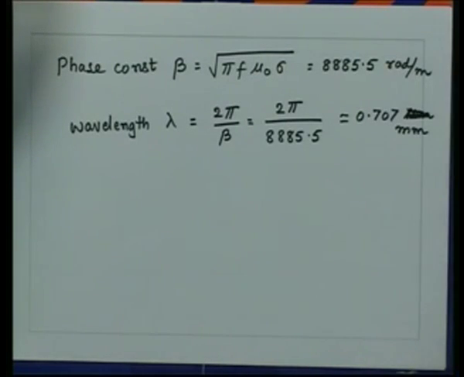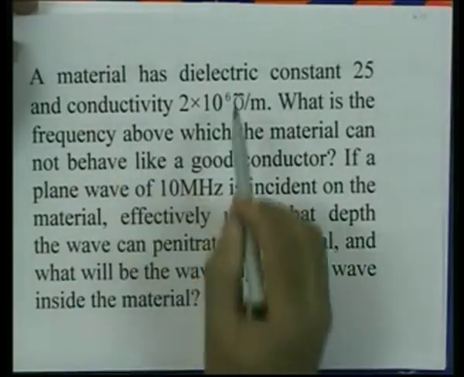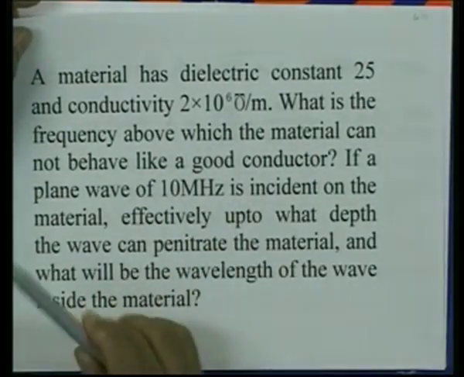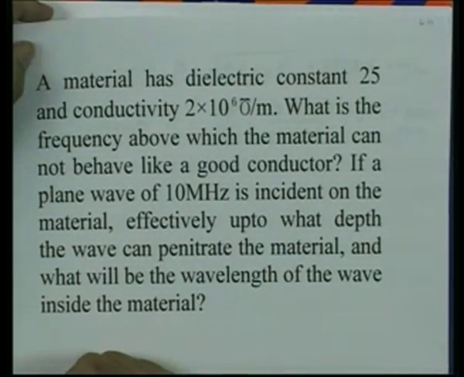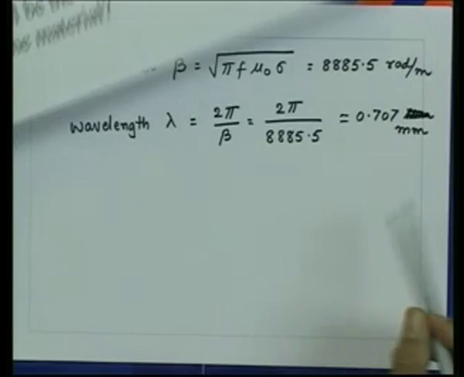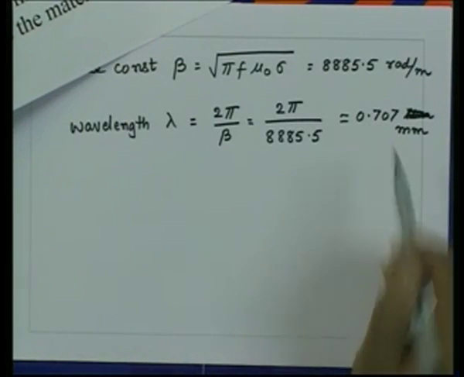So, at 10 megahertz, when the wave goes into a material having a reasonably large conductivity, about 2 into 10 to the power 6 mhos per meter, the wavelength becomes as small as 0.7 millimeter.